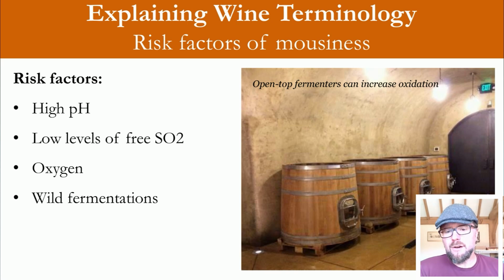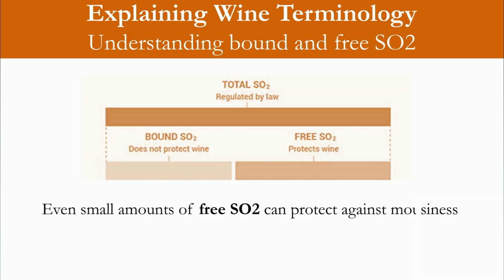And then also fermentations which are left to be more natural or wild, so not controlling the fermentations, where the risk of lactic acid bacteria and Brettanomyces being a part of that fermentation is higher. So therefore creating the condition. So imagine barrels not being topped up, open top fermenters, wild fermentations, no added sulfur in a warm location where you've used overripe berries. All of these will be significant risk factors in the overall development of mouse taint and the compounds we talked about on the previous slide.